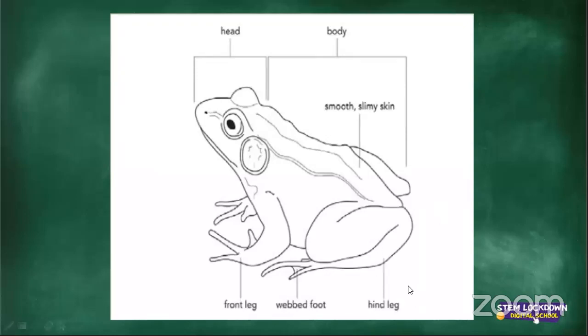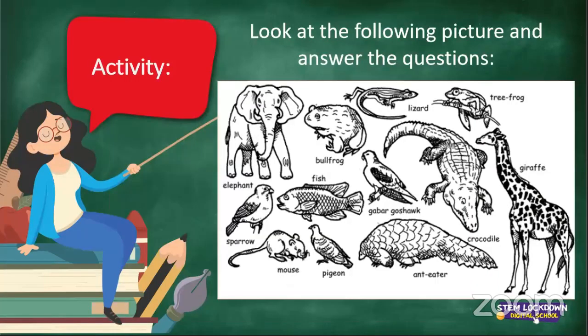And then the hind leg. So webbed feet and the hind leg. And there I've just scientifically labeled a bullfrog. Right.